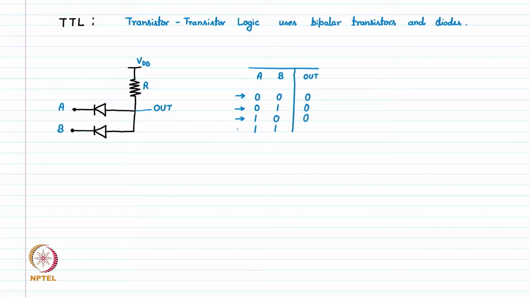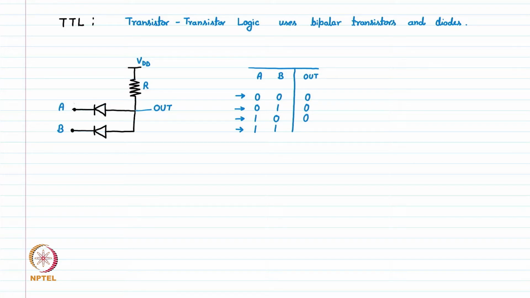In the fourth case, however, both A and B are high, and the high value is typically VDD. So if nodes A and B are high, the output node is also pulled up to high through this resistance R. Both of the diodes will turn off.